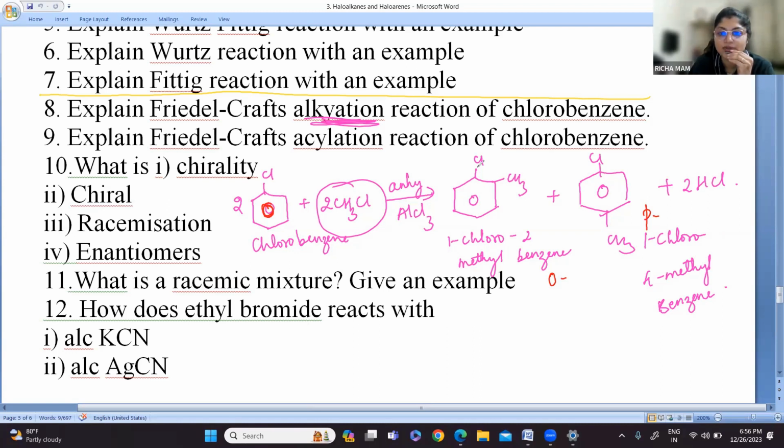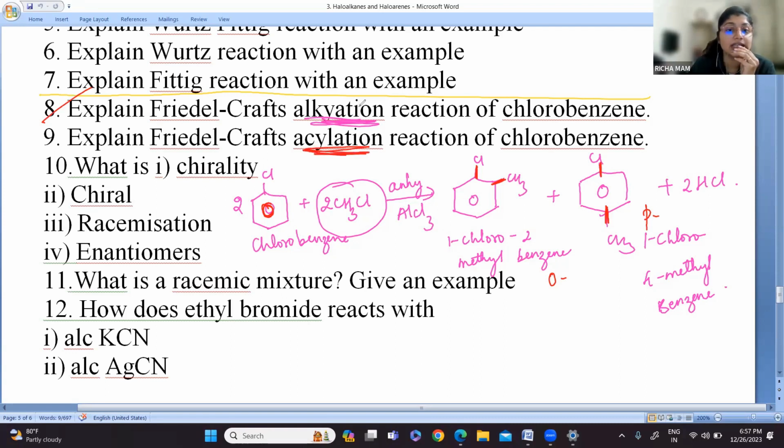You know what is ortho substituted: the 1,2 position is called ortho substituted and the 1,4 position is called para substituted. So this is the Friedel-Crafts alkylation reaction of chlorobenzene. Now the next question is, explain Friedel-Crafts acylation.